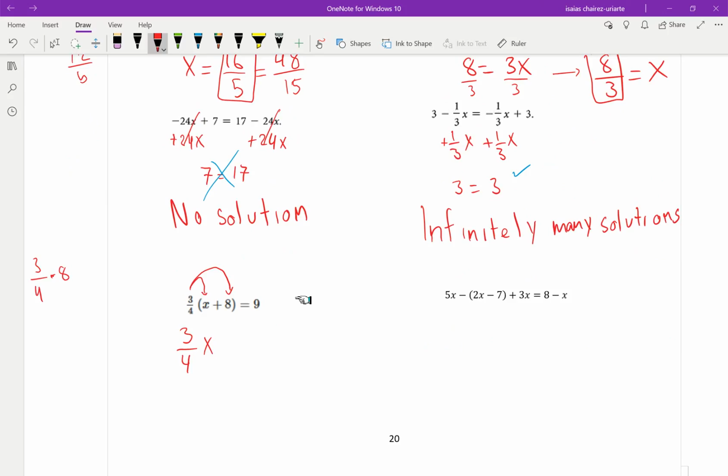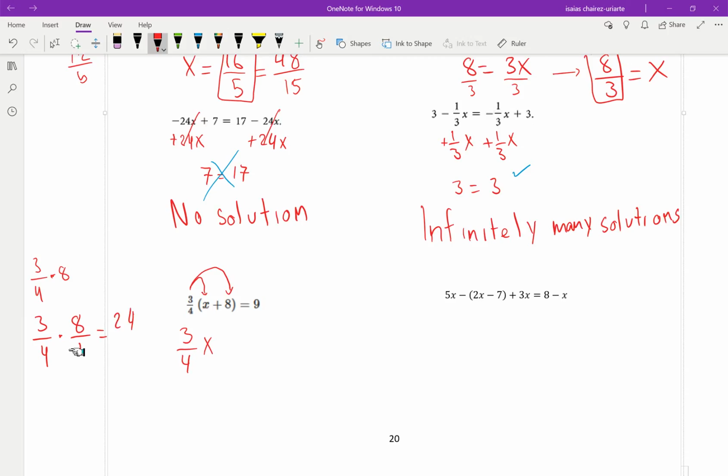All you need to do is multiply numerator times numerator, denominator times denominator. Oh, but wait a minute, 8 is not a fraction. How can we make 8 into a fraction? Well, simple, just put a 1 underneath it. So 3/4 times 8 over 1. And now it would just be 3 times 8, which is 24, over 4.